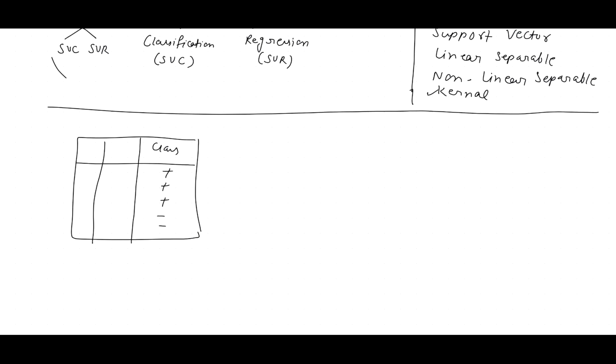This is based on, say, size and weight. It can be any value here. Based on these given features, you are predicting whether it is a positive class or a negative class. Now you want to classify it using SVM instead of using logistic regression. I will also give you a clear vision of why we should use it over logistic regression as well. But first, let's understand what SVM is.